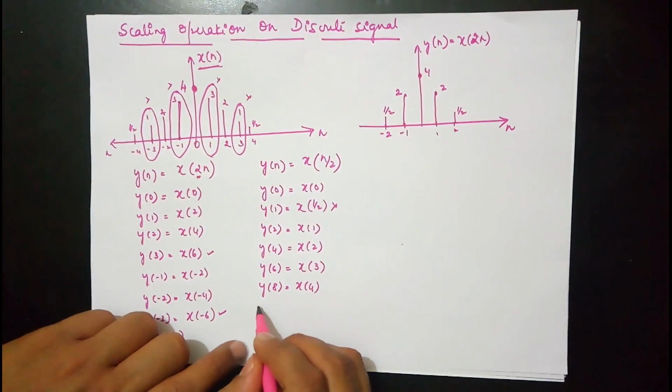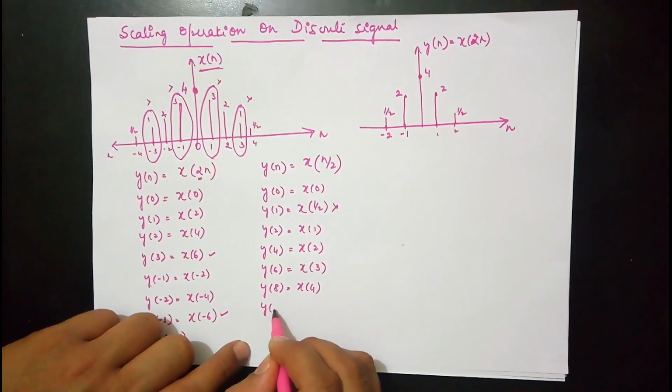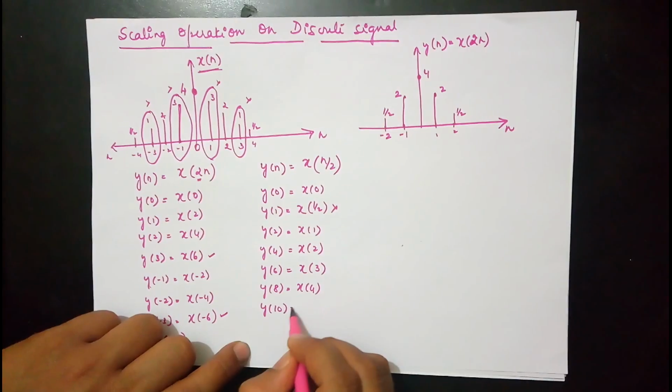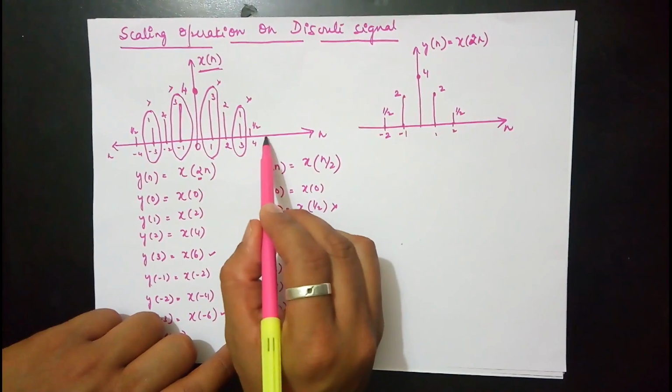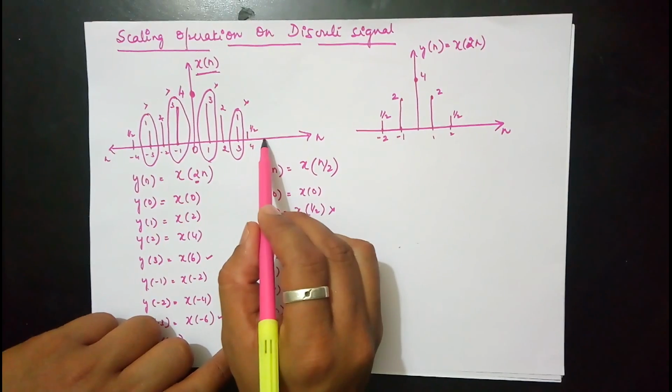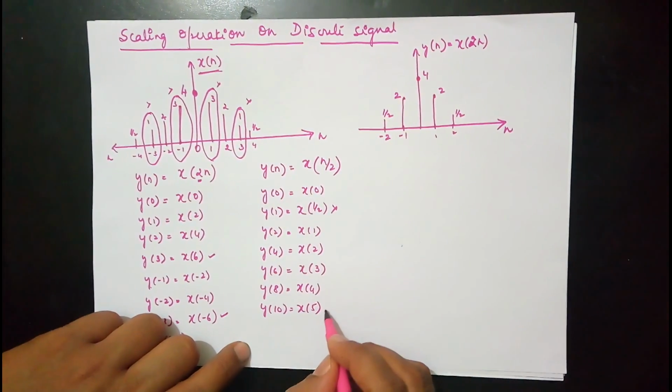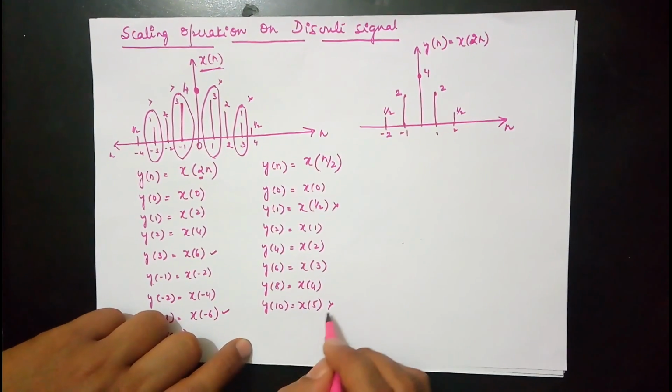Then y of 10 will be x of 5. So x of 5, do I have a waveform or a sample at n is equal to 5? No. So I should be stopping my iteration at this point.